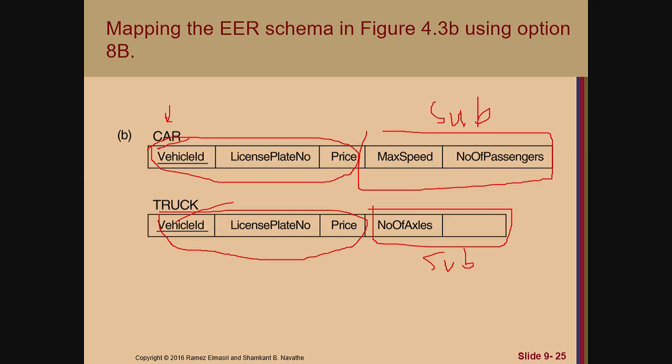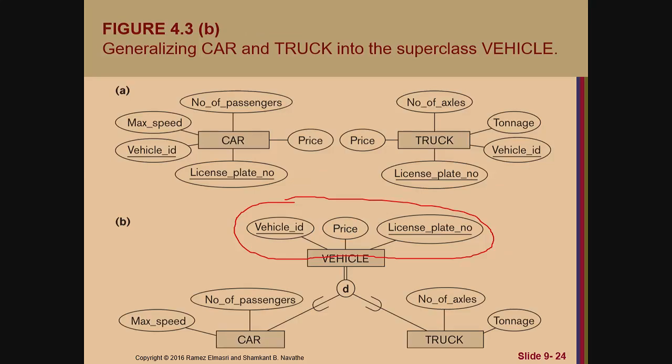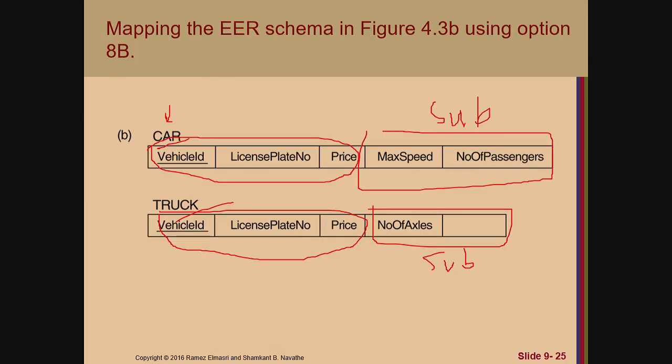Just only for the total participation, because if this one is partial, what happens? This one is just a vehicle, not a truck or a car, but we have ID and license number. If you change to this table, what happens?